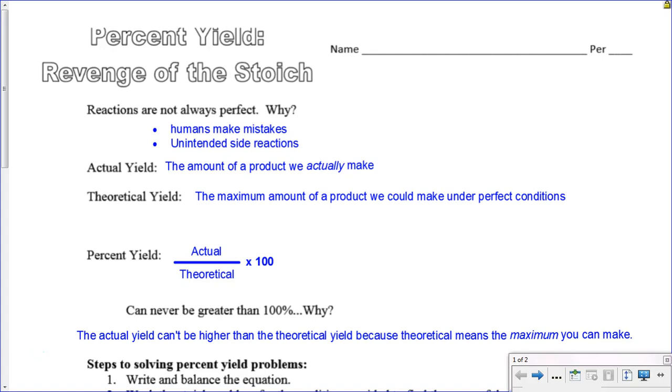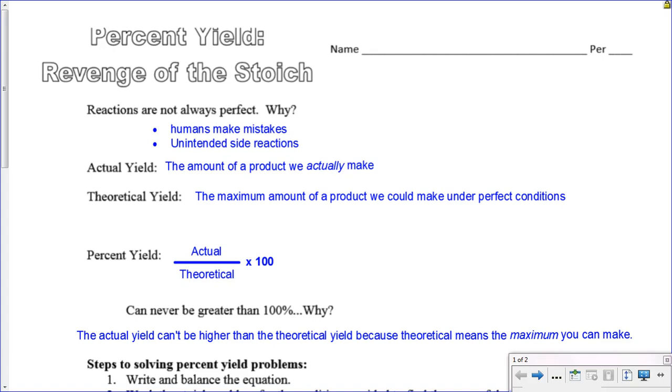However, sometimes if there's not enough of a source of oxygen available, we undergo what's called incomplete combustion, and it creates carbon monoxide and water. That is a side reaction that takes place along with the normal reaction, and we get these unintended byproducts. All right, and so for both of these reasons, we don't ever create in a chemical reaction how much we think we might theoretically be able to make.